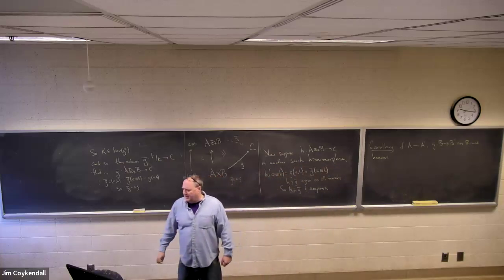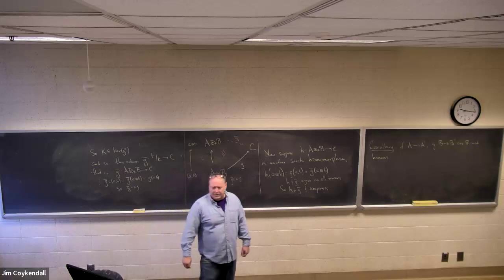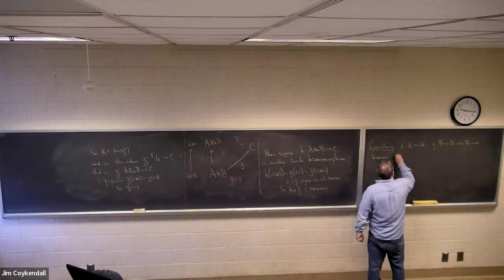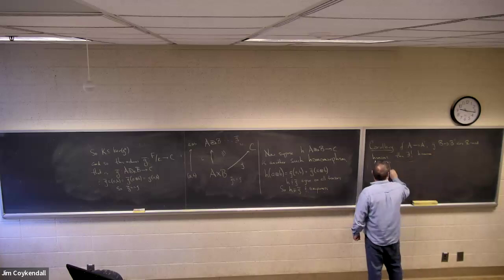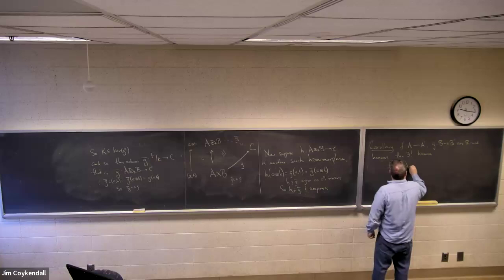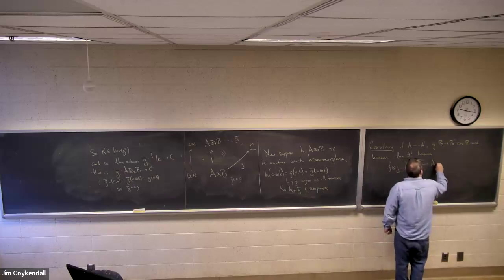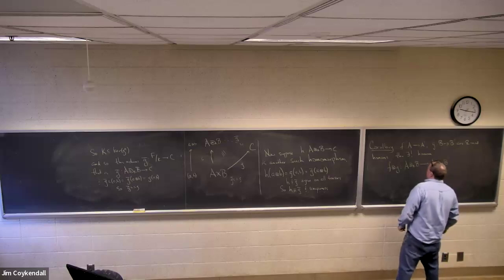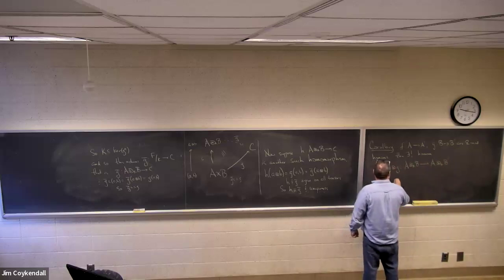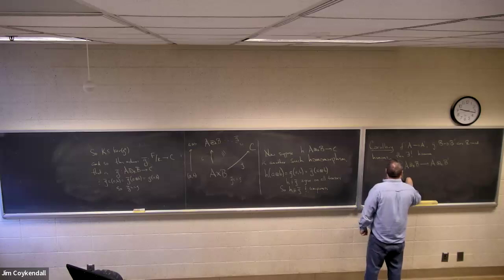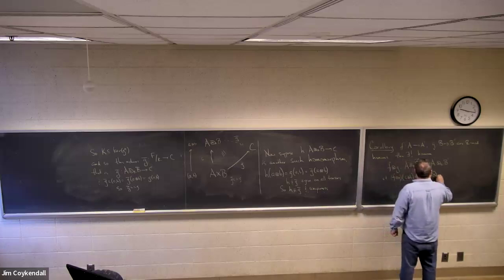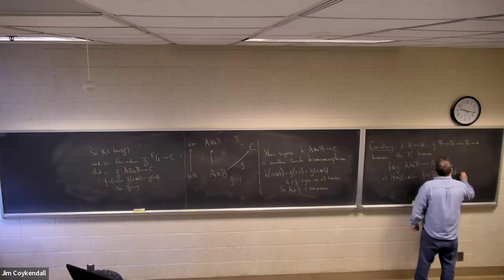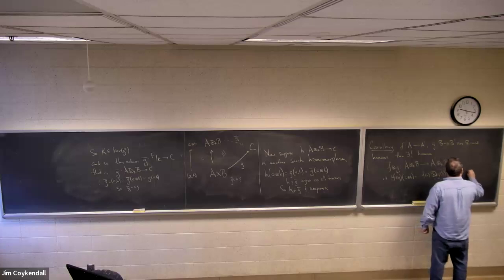Then there exists a unique homomorphism, which I will call f tensor g, from A tensor B into A prime tensor B prime, such that f tensor g of a tensor b equals f of a tensor g of b for all a in A and b in B.